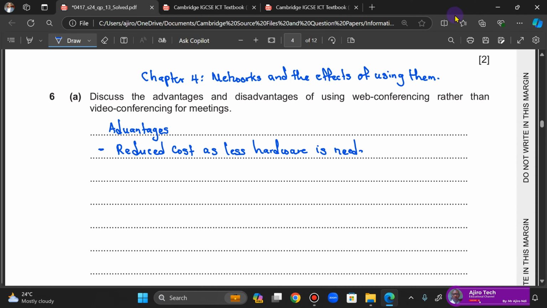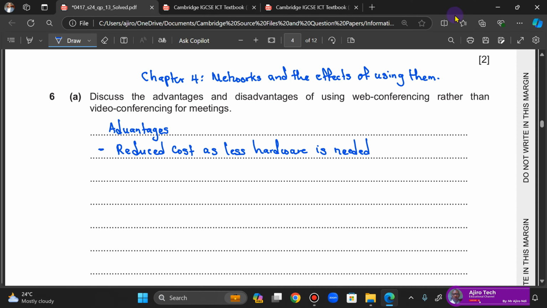Unlike video conferencing, where you need to have a webcam, a microphone, and a speaker in the conference room. But for web conferencing, you only have your computer.